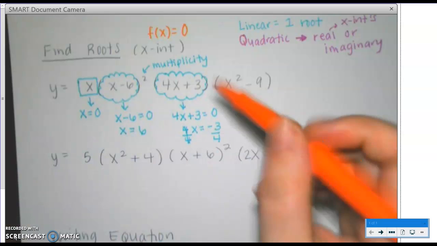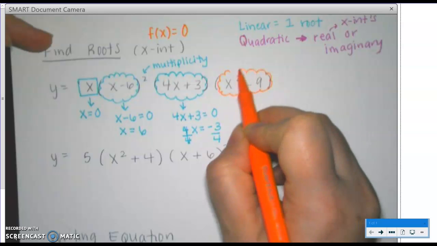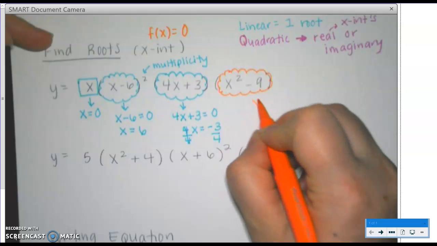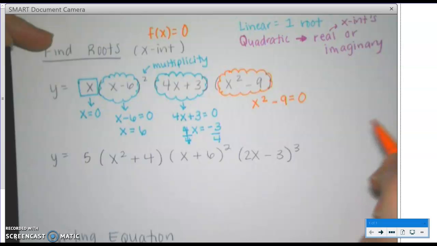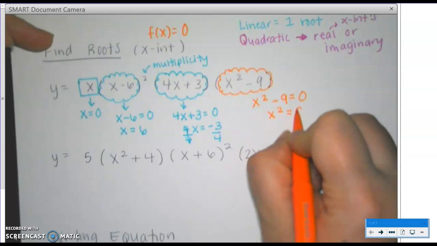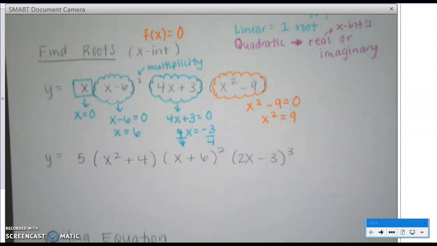All right, my next factor, this is quadratic, so I'm just going to have to be really careful when I go to solve this. Same thing, I'm going to set it equal to 0. I'm going to add 9 to both sides. This is just going to give me a real number because I can actually take the square root of 9.